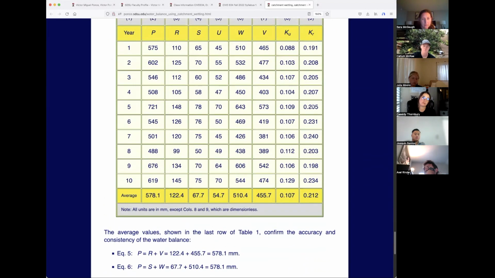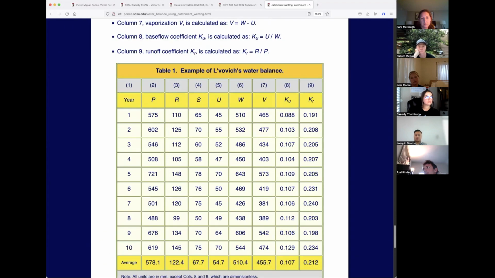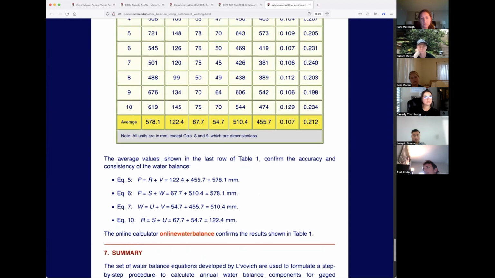And then the average is this. So the result of this calculation would be that the base flow coefficient for the data given for this basin is 10.7%, and the runoff coefficient is 21.2%, based on the given data.